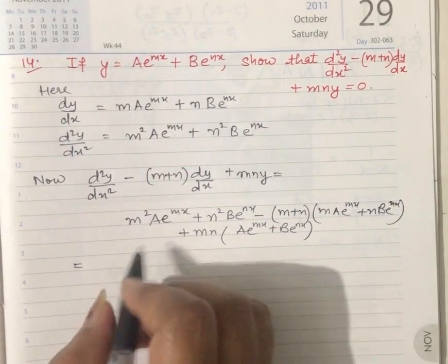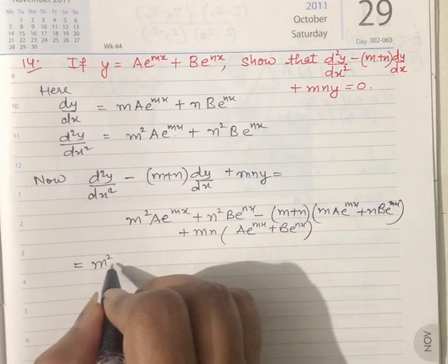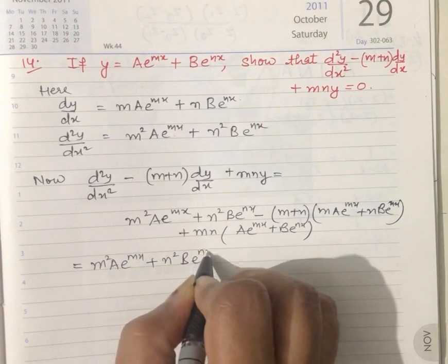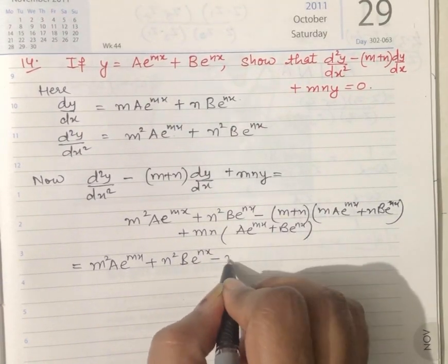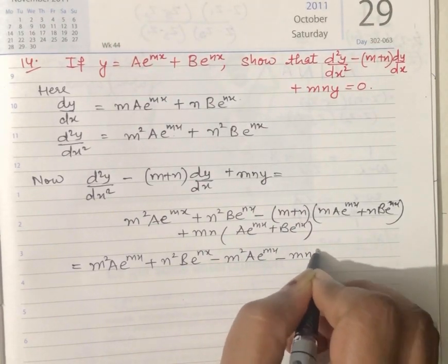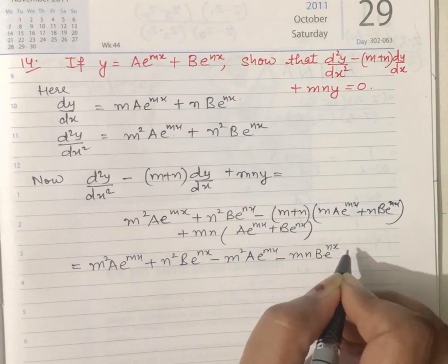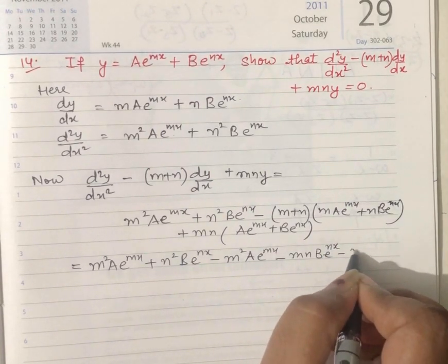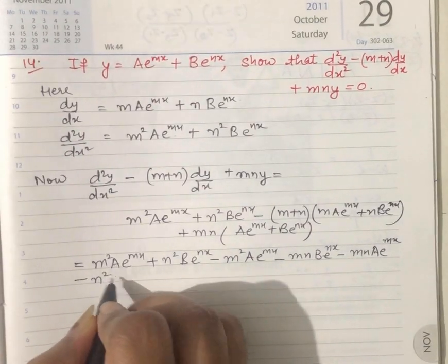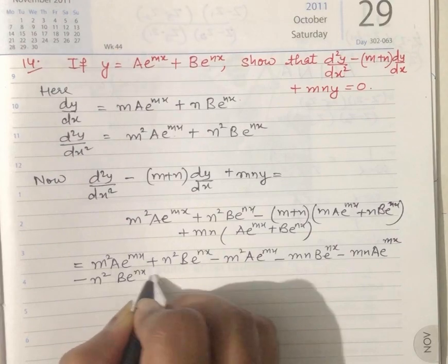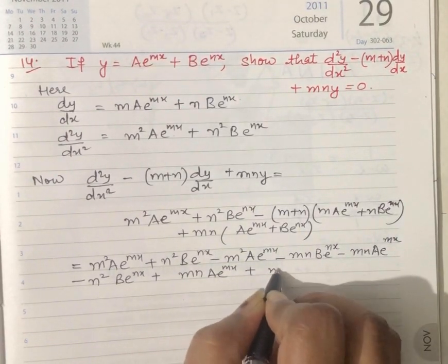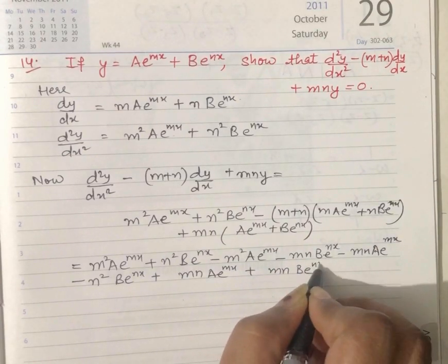So this becomes m square a e mx plus n square b e nx minus, opening this, m square a e mx minus mn b e nx then minus mn a e mx then minus n square b e nx plus mn a e mx then plus mn b e nx.